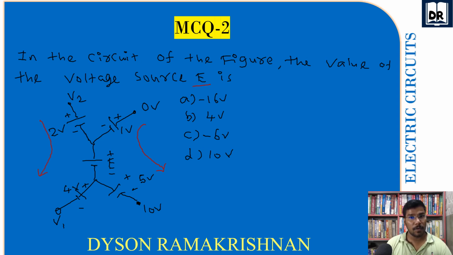First of all, this is 0 volt, and here there is a drop of minus 1 volt, and here also there is a drop, that is minus E, and at this place there is a drop of minus 5, and this place also a drop of minus 10, that is equal to 0. Finally we can say E equals minus 16 volt. So option A is correct.